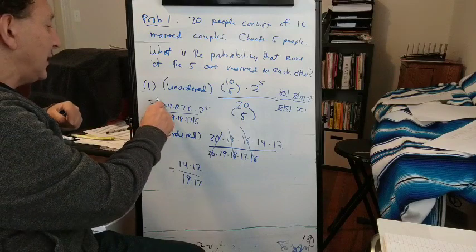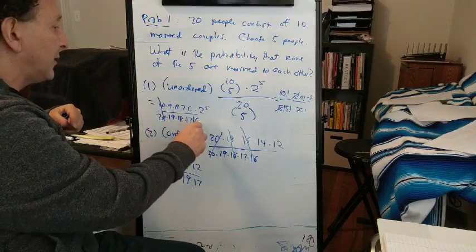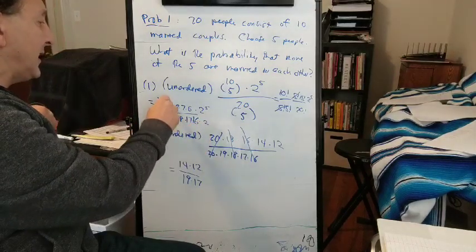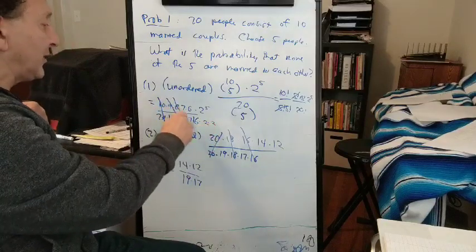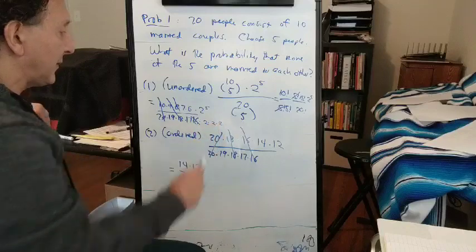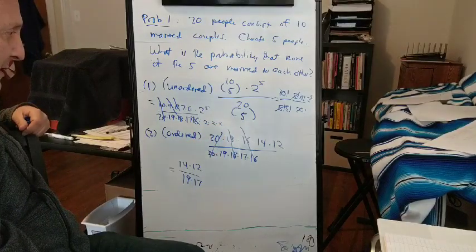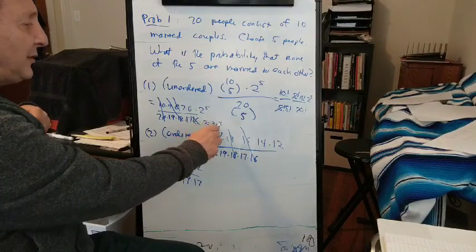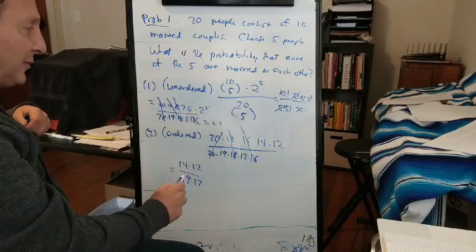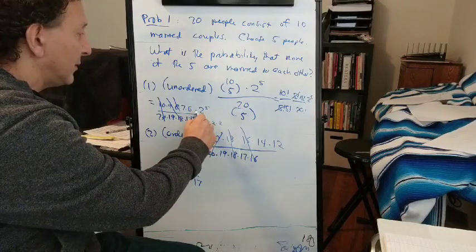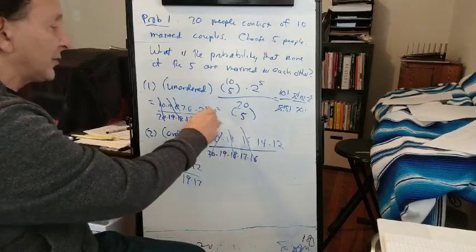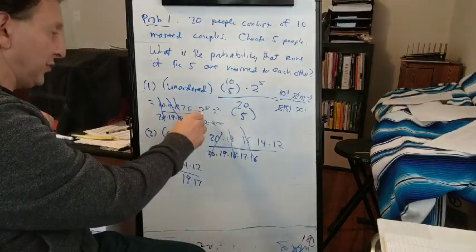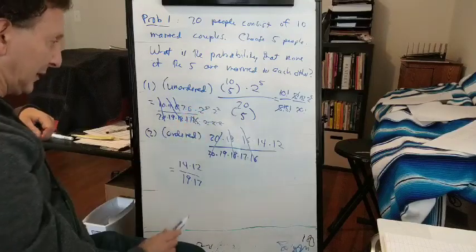10 over 20 is 1/2. 9 over 18 is 1/2. 8 over 16 is 1/2. So these 3 halves cancel 3 of those 2's, leaving 2 2's left.